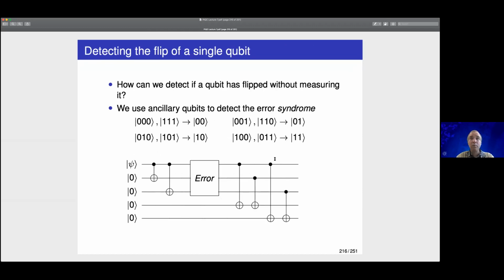So what we can do is to measure partial information about the state. We don't want to measure the whole state, but we want to do just a partial measurement that gives us information about whether the values that we are using in the encoding have this property of being all of them equal or not, but without learning any other information about the state, and without collapsing the state to something that loses the information that we were storing there, okay?